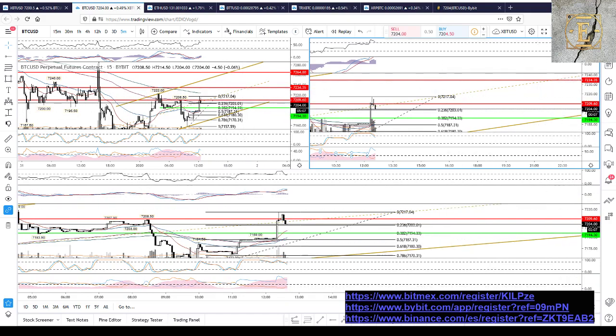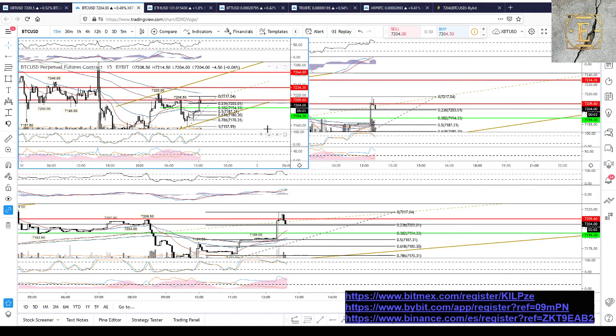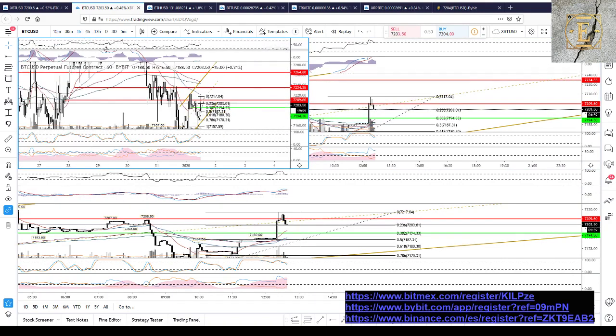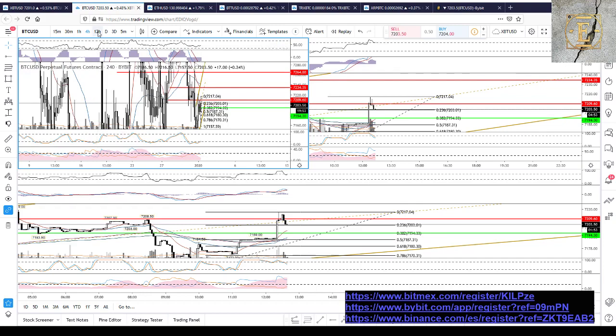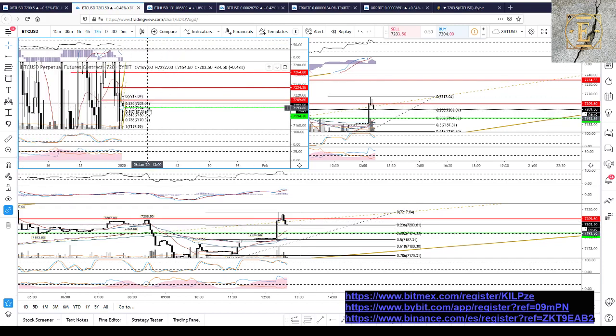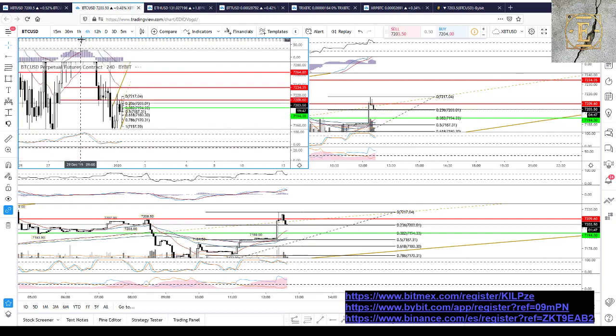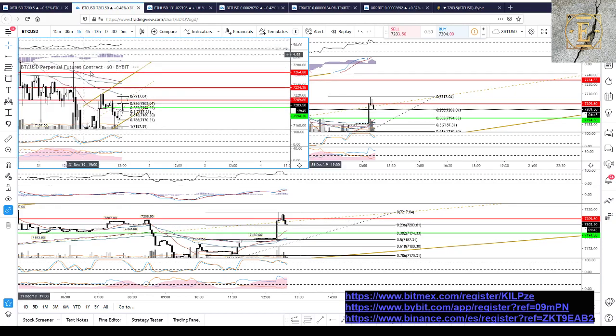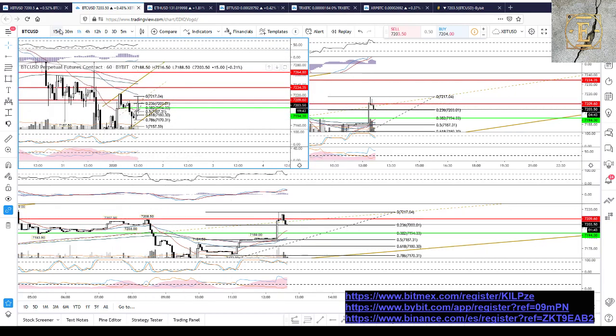Now we know in 20 minutes the hour candle is going to close, I think the 4-hour candle, and I think the 12-hour candle. So we will pay attention to the volume and the closure.